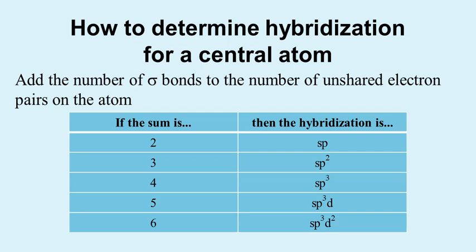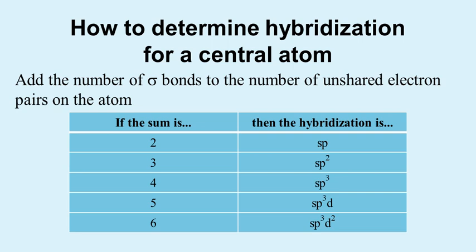If the sum is 2, then the hybridization is sp. If the sum is 3, the hybridization is sp2. If the sum of that is 4, it's sp3. You can have a sum of 5, and that would be sp3d. If the sum would be 6, then your hybridization is sp3d2.